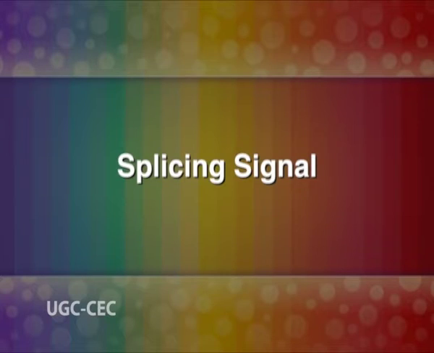Next is splicing signal. For genes that encode protein, the splicing mechanism must be precise. It must join exon sequences with accuracy to a single nucleotide to assure that the codons in exons distal to introns are read correctly.